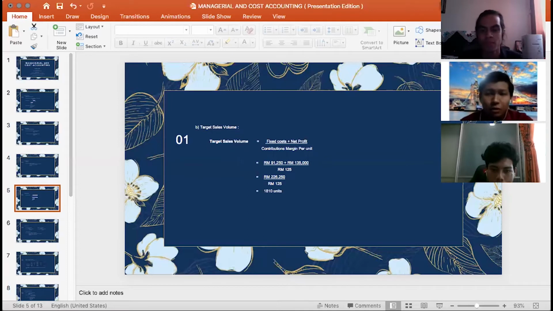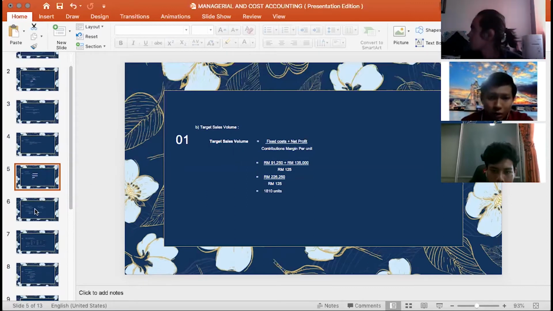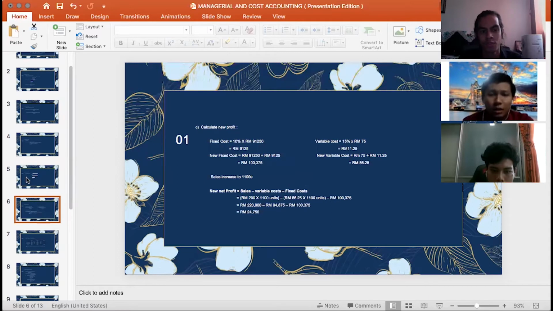So the fixed cost in the question is 91,250 ringgit plus the 135,000 ringgit given in the question, and divide by the contribution margin per unit, 125 ringgit. So the total is 1,810 units. They must sell 1,810 units to achieve 135,000.